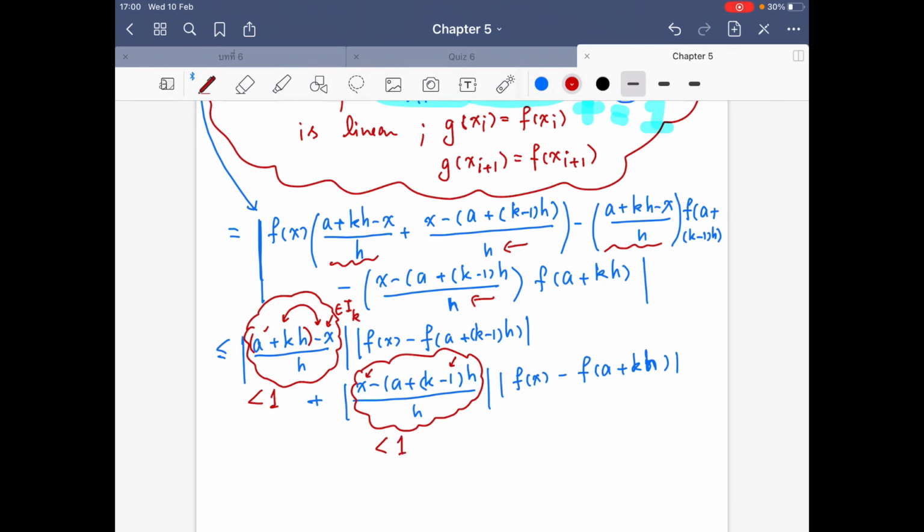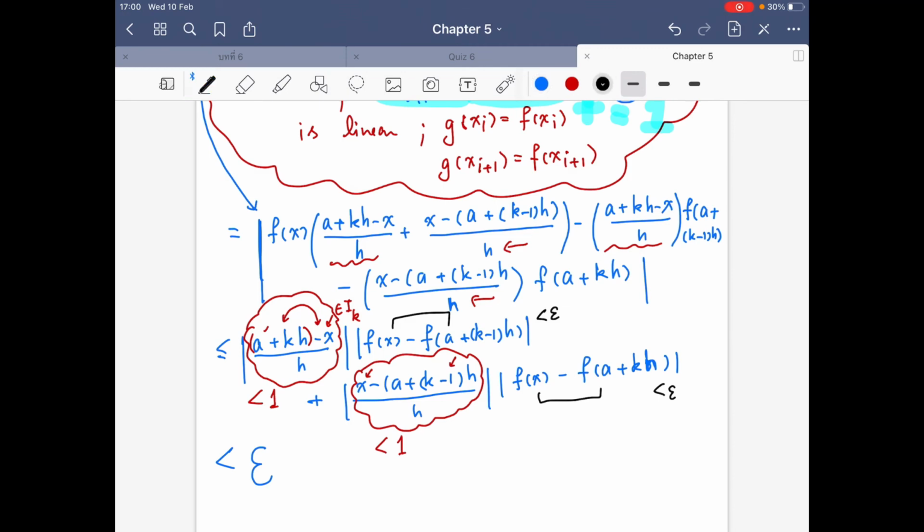And this one, what we have given before, the distance among these two is less than epsilon. But what we need to conclude is that the difference between the f and the g will be less than epsilon.